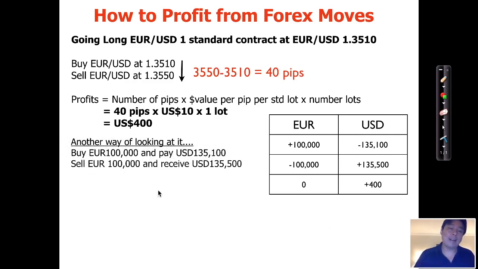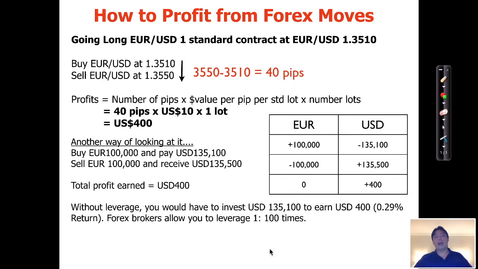And then I sell 100,000 euros over here and receive $135,500, as you can see over here. So the profit earned is this and this. So this plus this minus this is $400.